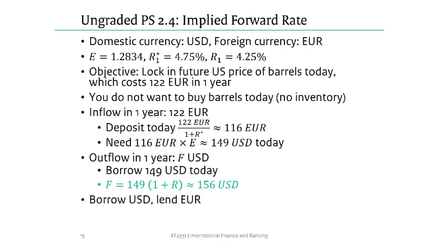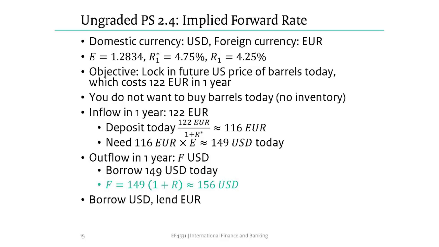The objective here is to lock in the future price of wine barrels today, which costs 122 euros in 1 year. You do not want to buy the barrels today because you don't have inventory. So what you want to do is hedge the price. You don't want to think about price fluctuations of the euro in the future, so you want to lock in that price today.